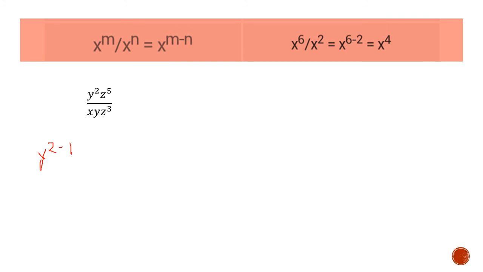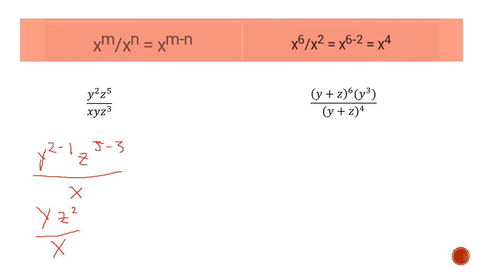So, z is to 5, yung isa naman, 3, so minus 3, all over x, kasi siya lang naman yung walang kasama. So, y raised to 2 minus 1, we have y. So, z raised to 5 minus 3, we got 2. So, z2 all over x, and this will be our answer.